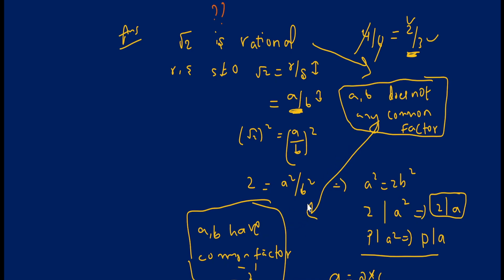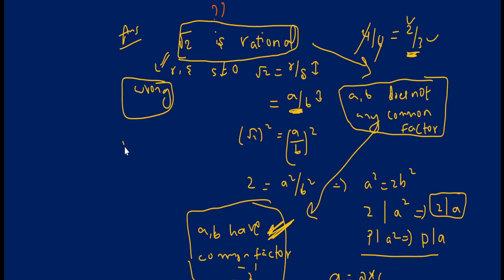We are contradicting ourselves. So our initial assumption must be wrong. Our initial assumption that root 2 is rational is wrong. So therefore root 2 is irrational.